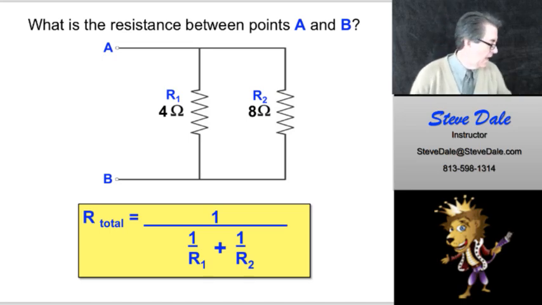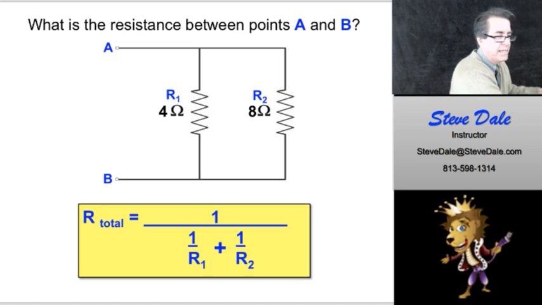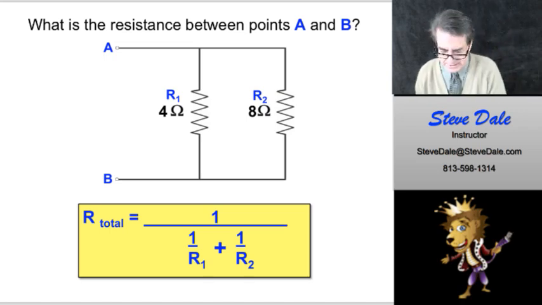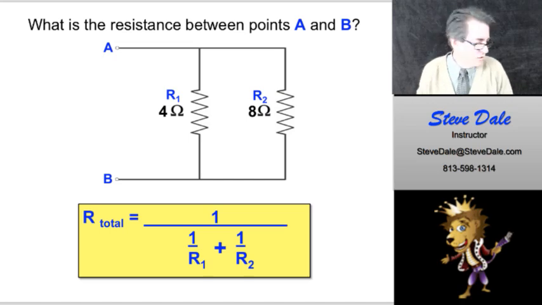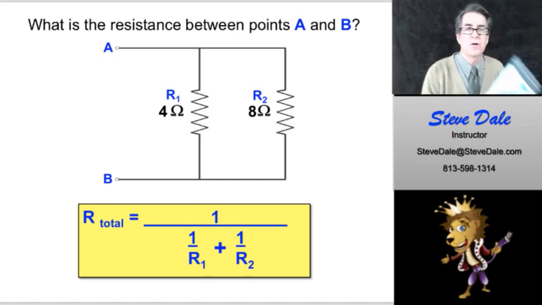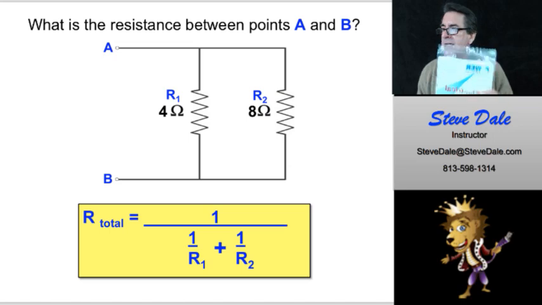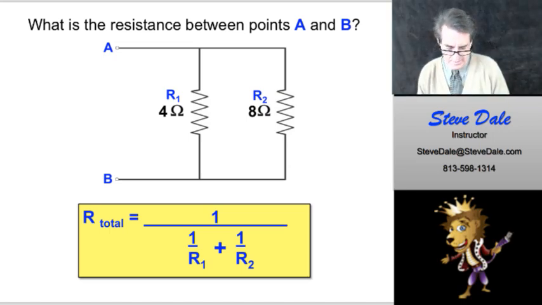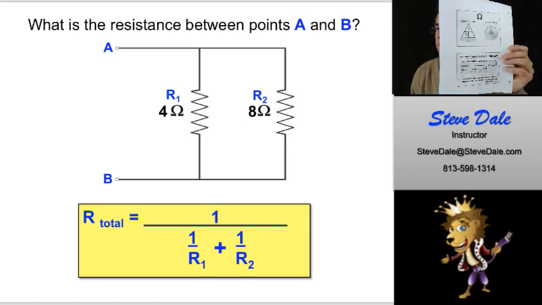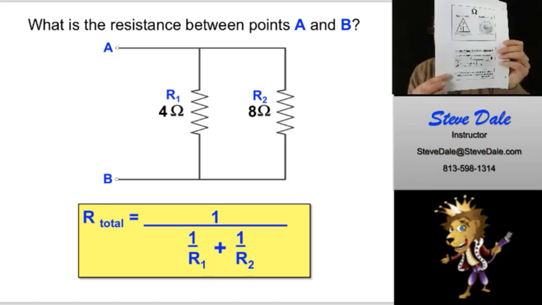Now, one thing I want to mention is formulas. Where do you get these formulas? Well, I suppose you could actually remember them, but I've given you these formulas inside your electrical safety plastic packet. Inside here, you'll see I provided you with some supplementary information, and one of those things is your formulas.